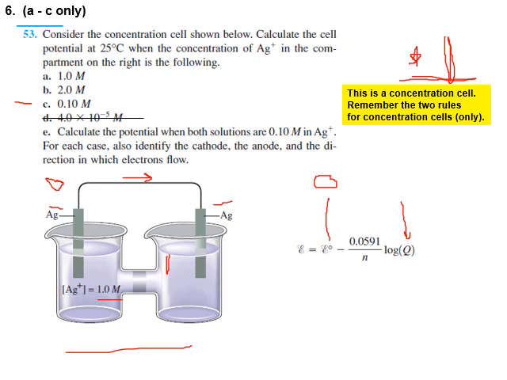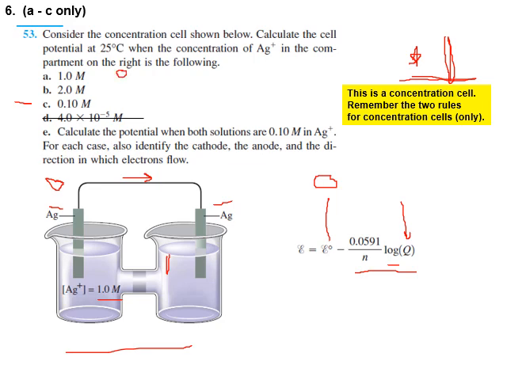And so log of Q would be log of 1, and the log of 1 is what? 0. So this whole term just vanishes, and we're just left with E equals E naught. But E naught is 0. So that means that the voltage is going to be 0. So for part A, it's just going to be 0.